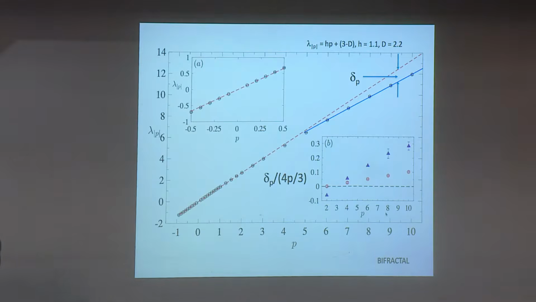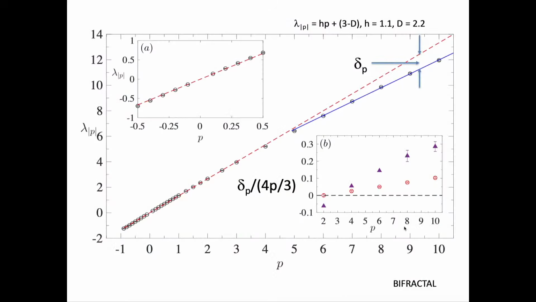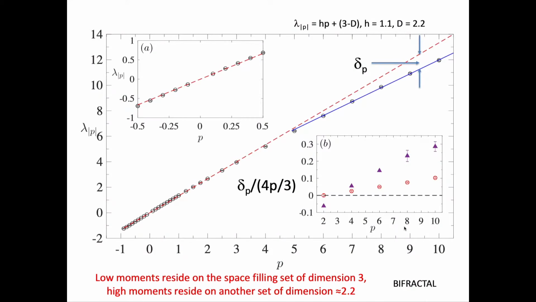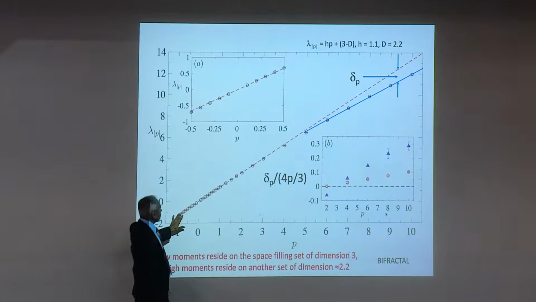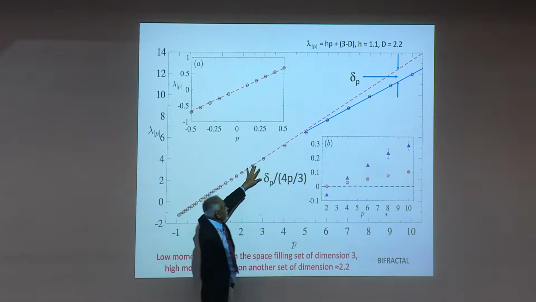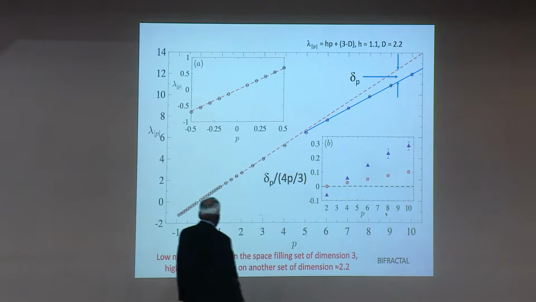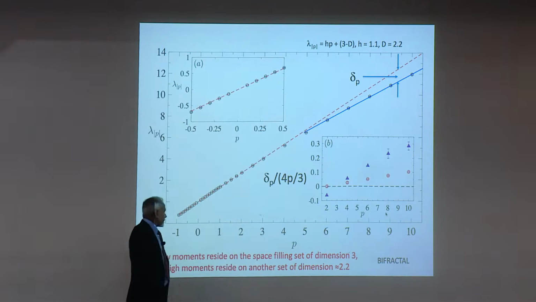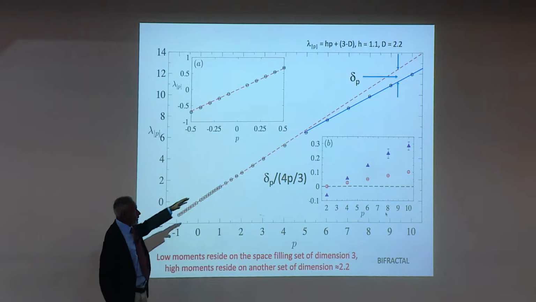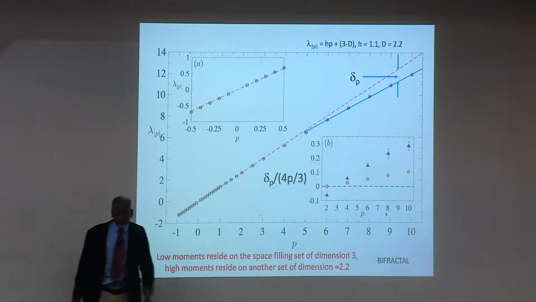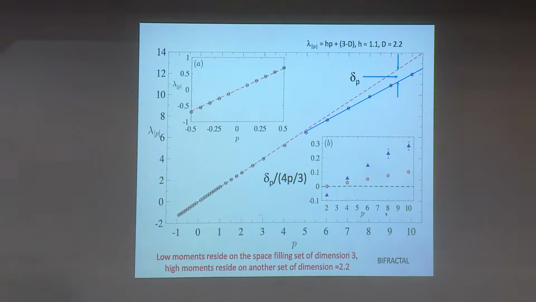Instead of a complicated curve for the velocity increments, delta U_R, this seems to be much simpler. And so I wrote here, the low moments reside on the space-filling set of dimension 3. The Kolmogorov thing is space-filling, and it has dimension 3. Whereas the high moments reside on another fractal set, because it's also a straight line, and it turns out it's a dimension of 2.2.